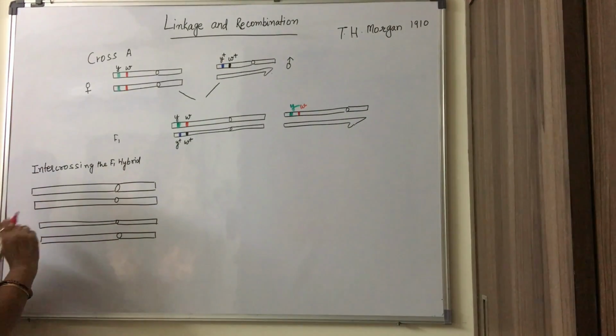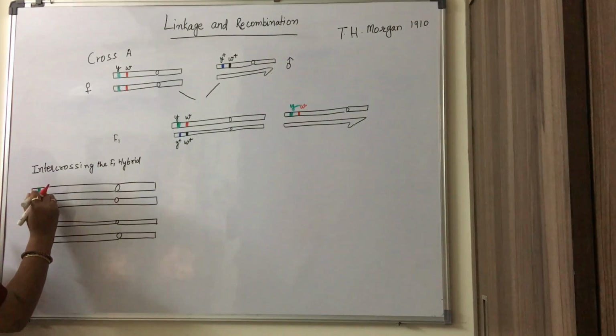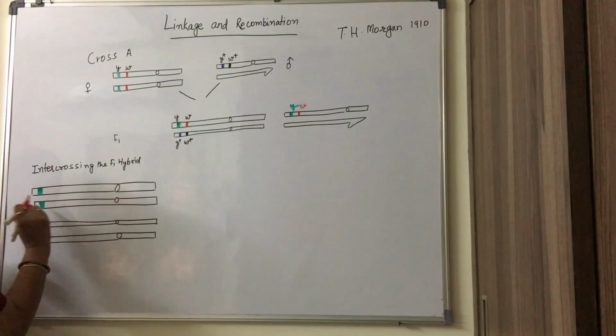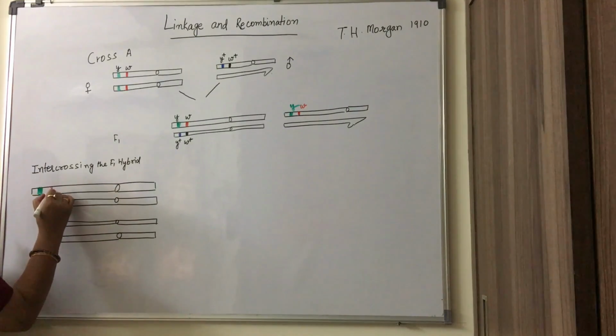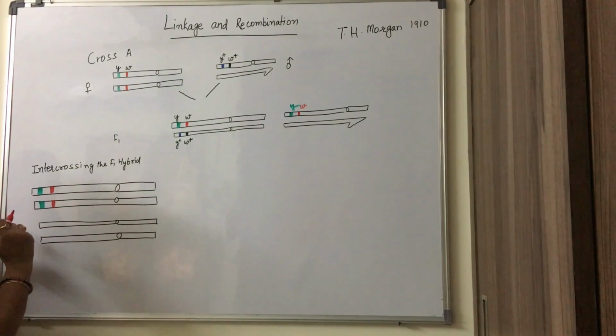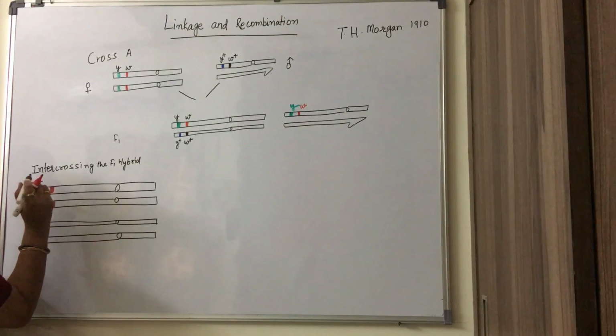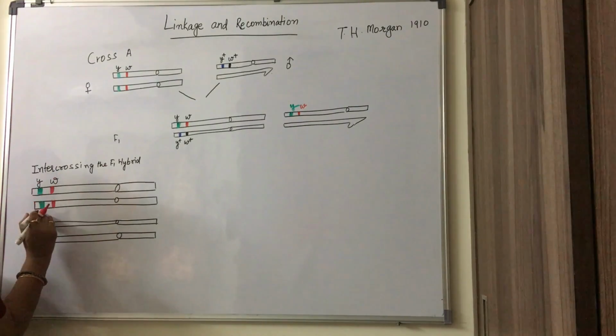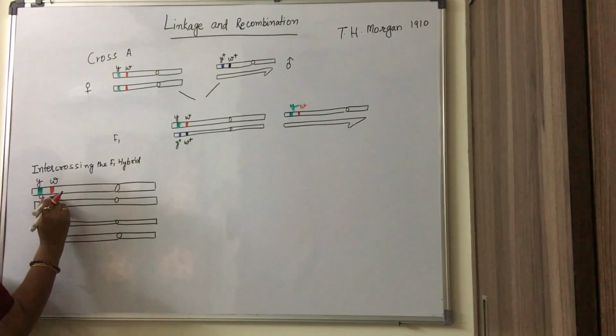Clear? Now this is Y, this is W, so I will label this as Y, W, Y, W.